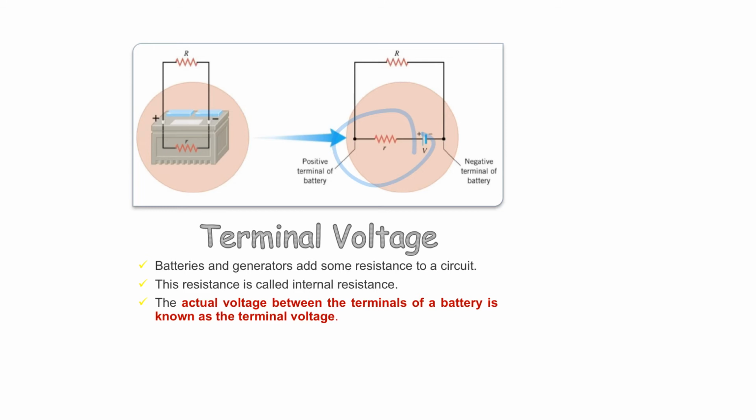Internal resistance exists in all electronic instruments, and the value can increase as time goes by. For example, if you bought a new handphone, the internal resistance is going to be very, very small, below 1.0 ohm.